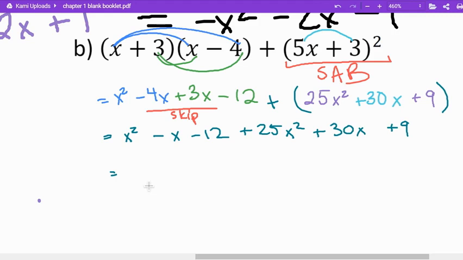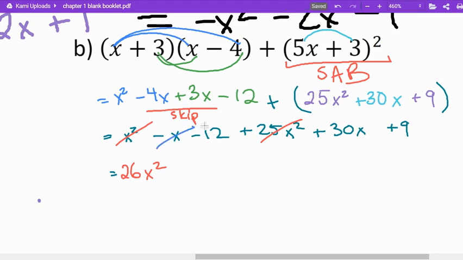If you like to rearrange so you have all the x squareds together, that's great. I do that part in my head. And I have a strategy that as I use a term, I'll cross it out. So I'll go, okay, x squared plus 25x squared, that's 26x squared.